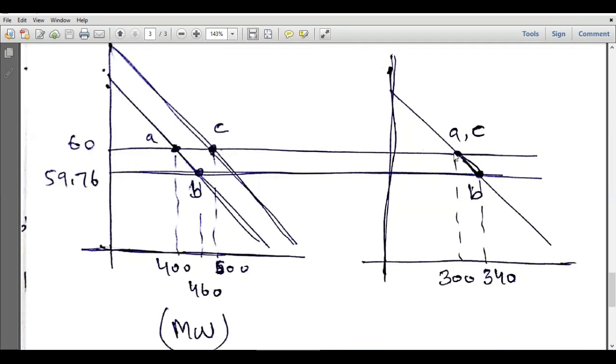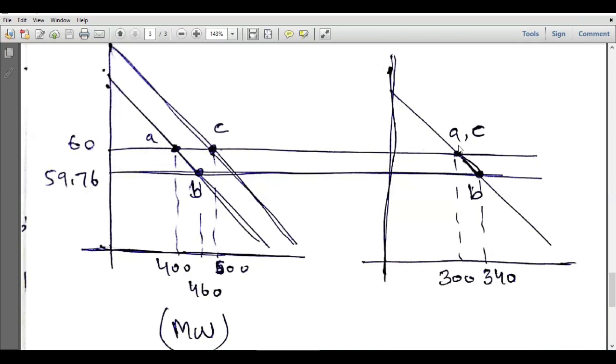And for the second unit, initially it went from 300 megawatts to 340 megawatts, but since the supplementary control has been contributed by the first unit only, it will move backward to its original operating point. So it will move from point B to point A again.